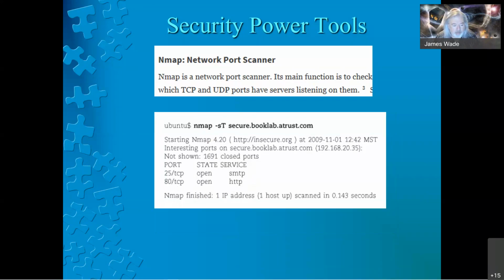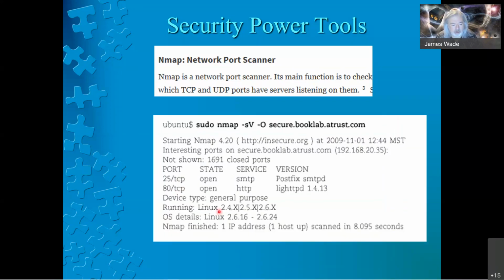So here we go. With Nmap, we're just doing a scan and it's showing port 25 and port 80 are open. These are just different items that I can utilize with Nmap. Here, look at this. It shows me the version of Linux it's potentially running, the exact Linux version. So from one of these ports, either 25 or 80, it got the actual Linux version.